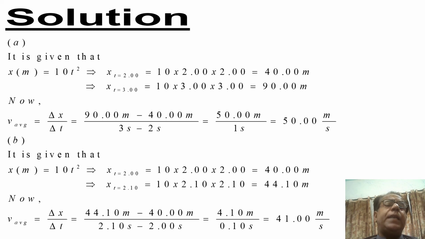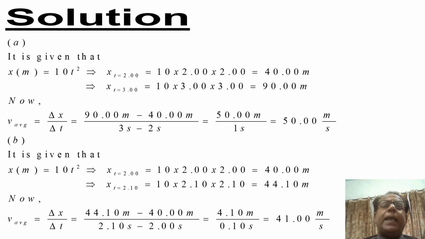Now, V average is equal to delta x over delta t, which alternatively becomes equal to 44.10 meter minus 40.00 meter divided by 2.10 second minus 2.00 second, which alternatively becomes equal to 4.10 meter divided by 0.10 second, which alternatively becomes equal to 41.00 meter per second.